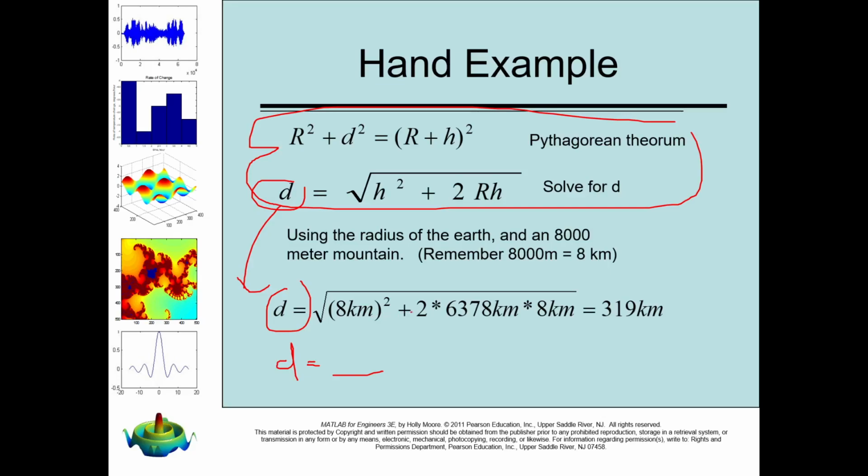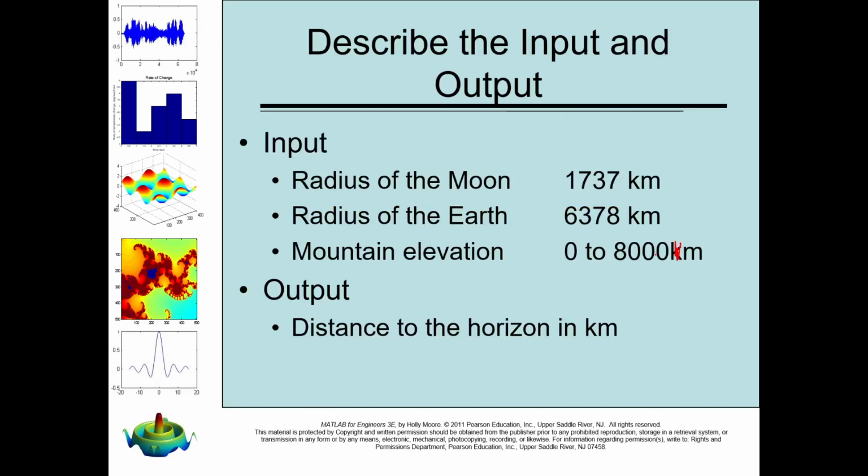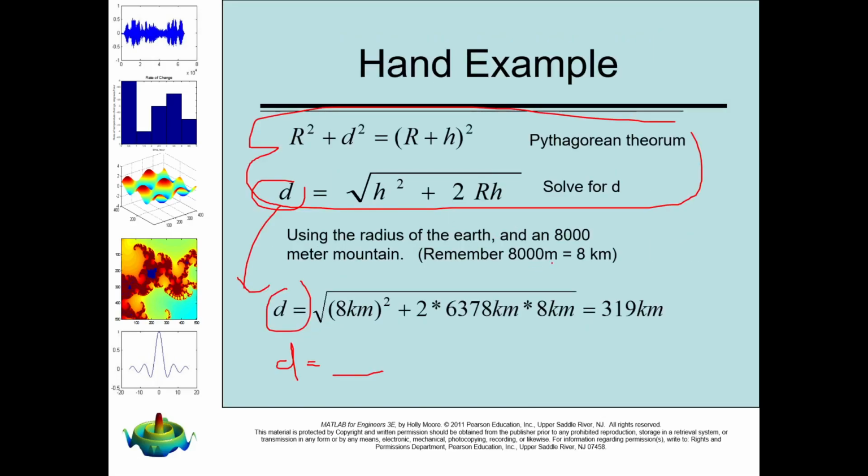Kita punya jawapan yang kita nak cari adalah 8 km persegi tambah 2. Okay, 8 km adalah bersamaan dengan 8000 meter. Okay, ni adalah 8000 meter bukan kilometer. Ni mountain elevation 0 hingga 8000 meter. Okay, so that's why dekat sini 8000 meter ni jadi kilometer, sebab kita nak samakan lah unit dia kan, semua kilometer kan.